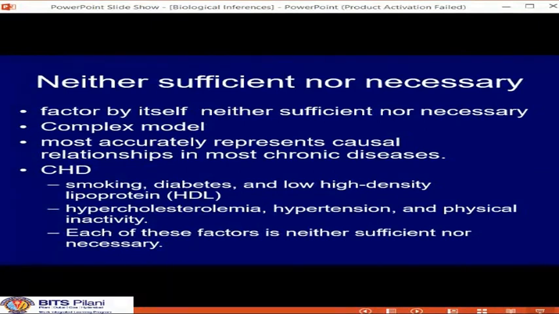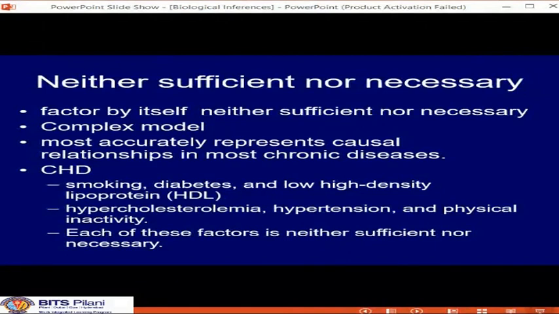For example, CHD or coronary heart disease or heart attack or ischemic heart disease, different names. There are various combinations of things which can cause it. Take the first one: people who smoke, who also have diabetes, who have low levels of high density lipoprotein are at high risk for heart disease. That's one group.